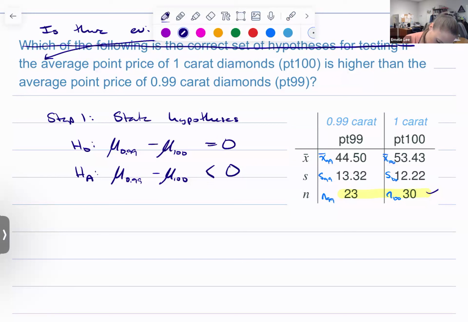And so that difference is less than 0. This is the reason it's a one-sided test, or one-tailed test, if you prefer. We don't need that until step 3 where we find the p-value, but it's helpful to make a note of it.